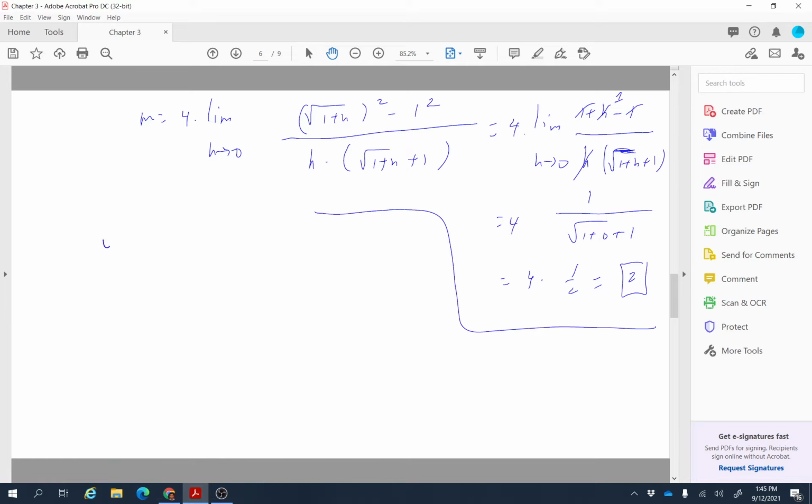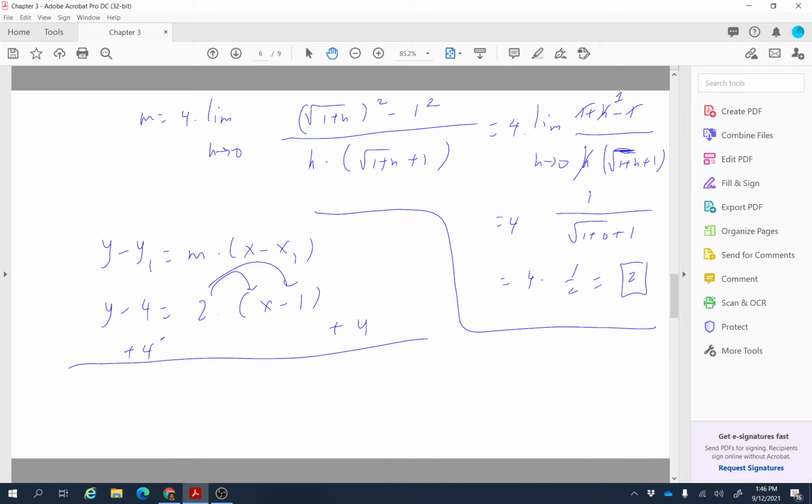The equation of the tangent line can be found by using this formula. Now y1 is 4, the slope we found is 2, and x1 is 1. So just distribute this 2, and bring this 4 to the right side.